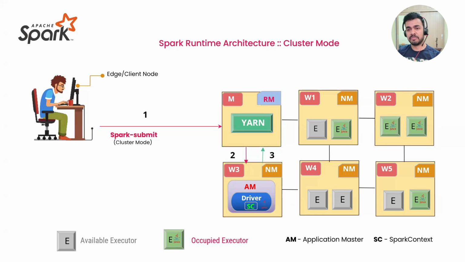Now, what happens when you submit a Spark application? First, let us assume. Memory management, how to assign the number of cores and how to assign memory, we will discuss in detail in an upcoming session.